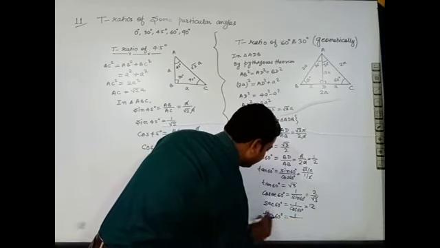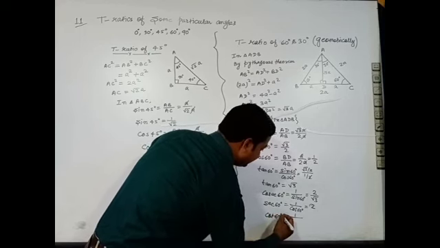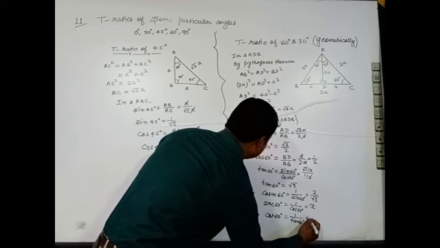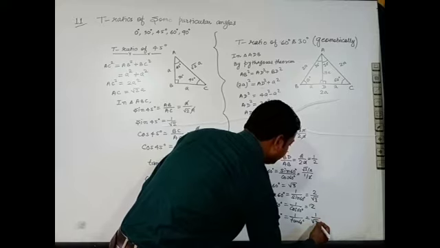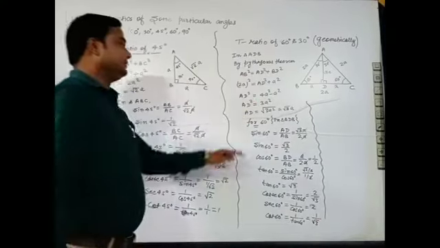Then cot 60 degree equals 1 by tan 60 degree, which is 1 by root 3. Okay, now look here, this is for 60.